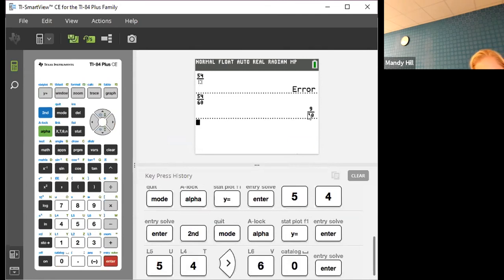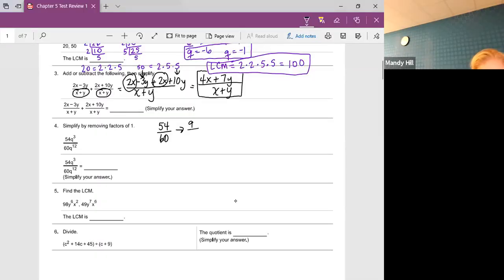It reduces our fraction for us, which is really nice. It says it's 9/10, so that helps. So now I know that 54 over 60 is really 9/10.